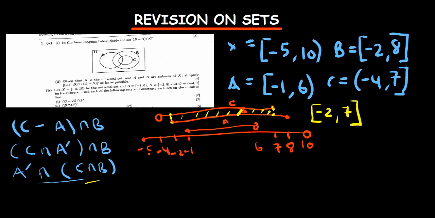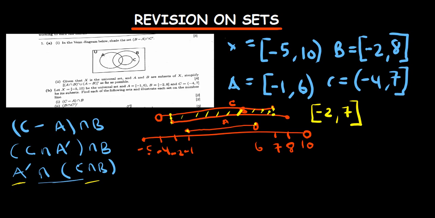So now this is my intersection. So if this is my intersection, how am I going to do this one here? So I have A complement. So if I have the set A here, it is closed at -1 and open at 6.